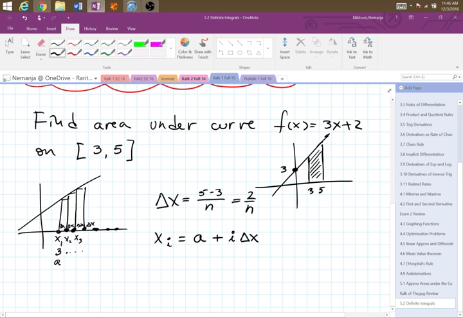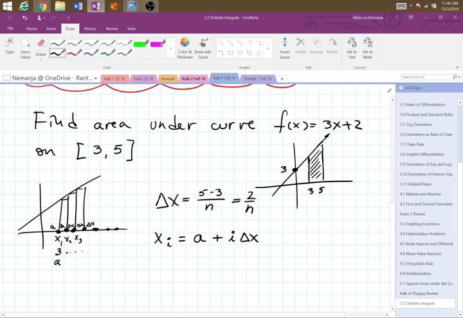So the first position is a, and that's when i is equal to 0. So that zeroes out this piece. So the first x0 is a. And then, when i is equal to 1, you have a, which is the position, plus delta x, so you move here. When i is 2, you're there. 3, 4, 5, 6, 7.